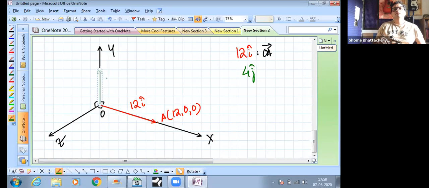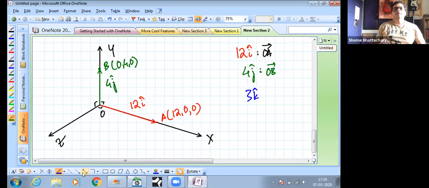If its magnitude is 4, suppose the end point of the vector is B. The coordinates of that point are 0, 4, 0. You can also think of this as the vector OB. And you can see that OA is perpendicular to OB. They are mutually perpendicular.